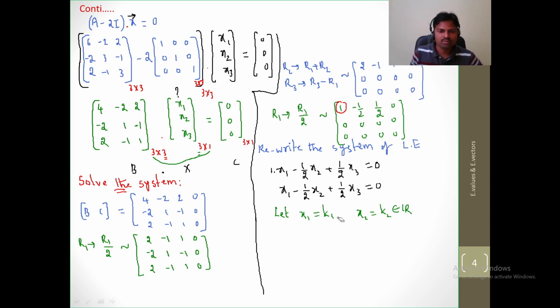Both belong to the real number system, but not both simultaneously zeros. Why simultaneously?